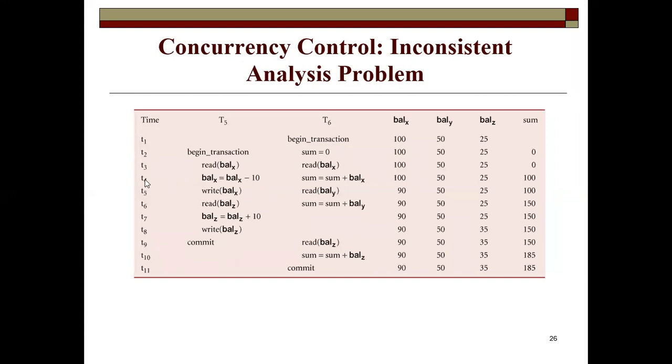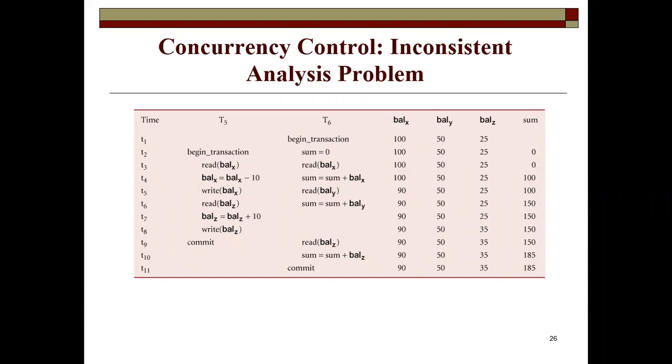At T4, transaction T5 goes ahead to calculate the new balance of X by making a subtraction of 10, whereas T6 updates the sum variable by adding the initial value of 0 to what it read from account X, which is 100.